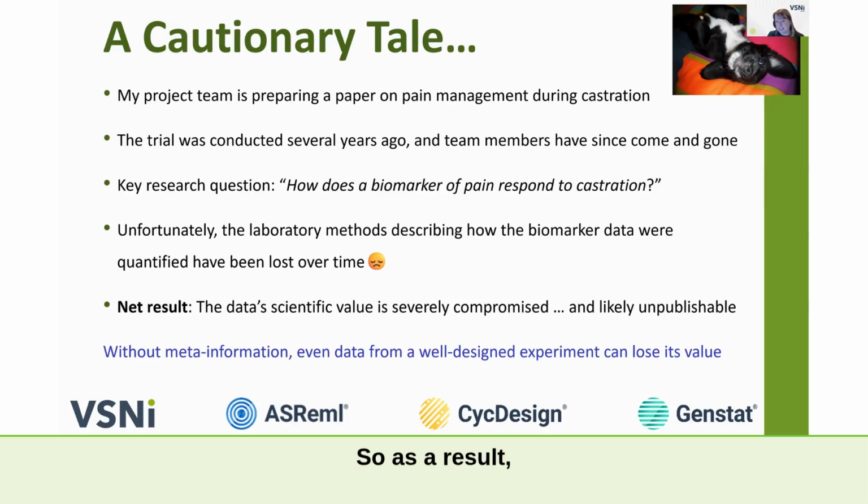So as a result, the data's scientific value is now severely compromised, and it's probably not even publishable. And this is a really, really tough reminder that without proper meta-information, even data from well-designed experiments can lose their value.